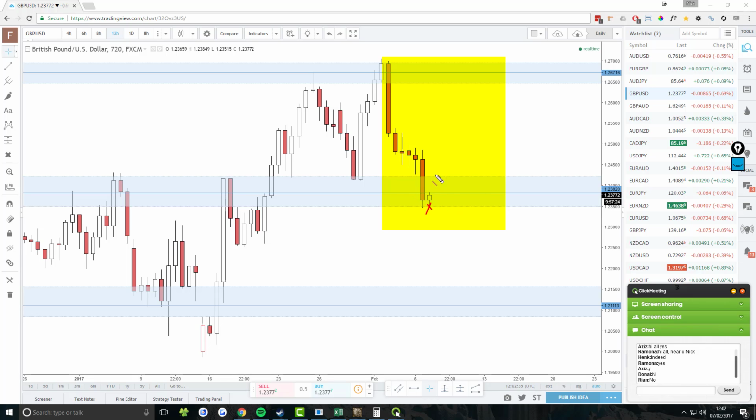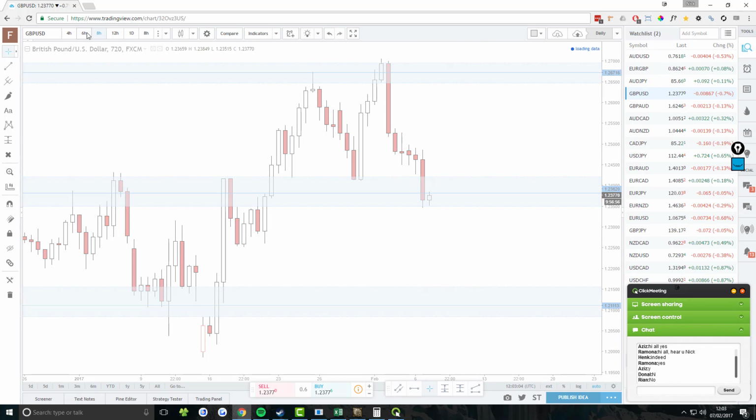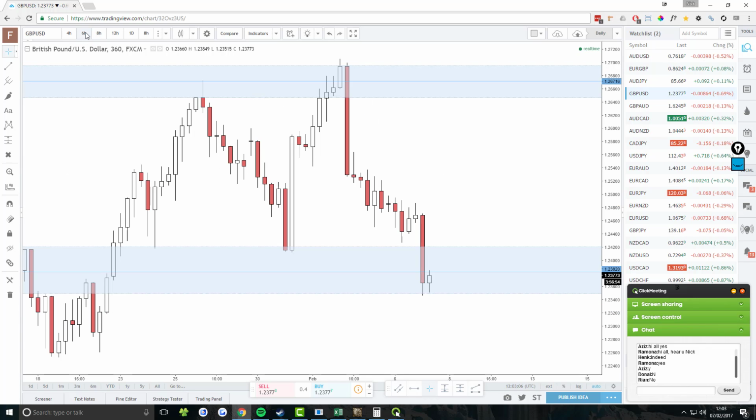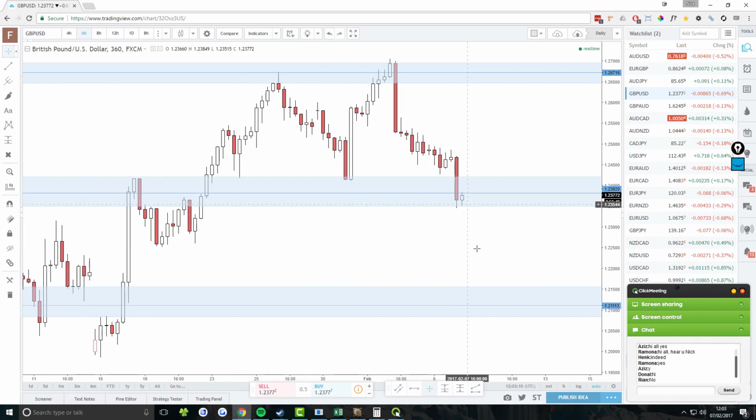There's about 8 hours until this candle closes, so this might not even end up being a setup by the time it closes. It could just continue to push down. But seeing these kinds of signs on top of a support area, it's a pretty decent sign that price is slowing down, that we might see a reversal coming up.